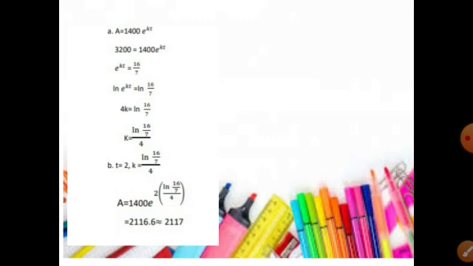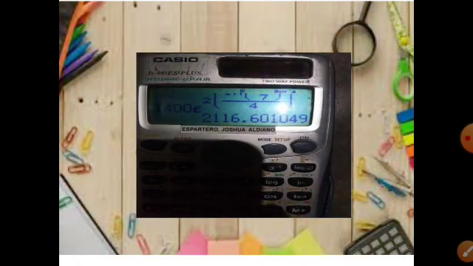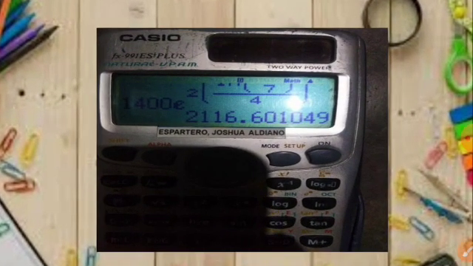So A is equal to the number of bacteria, which is 1,400, e raised to 2 because our time is 2, times ln of 16 over 7 divided by 4. So the answer is 2,116.6, or rounded off, 2,117. Using the calculator, this is the answer.